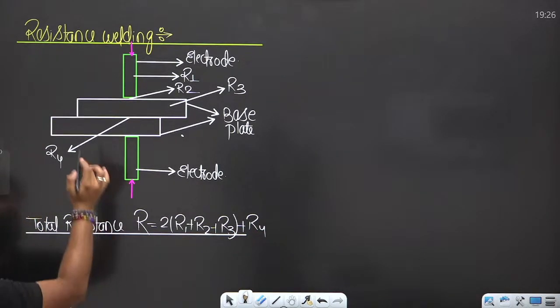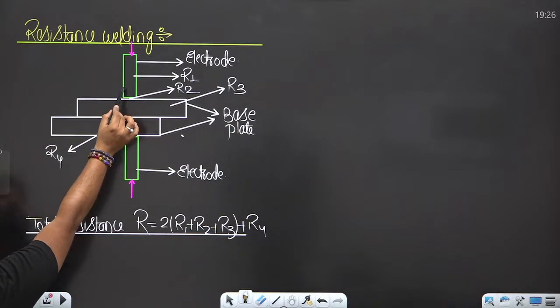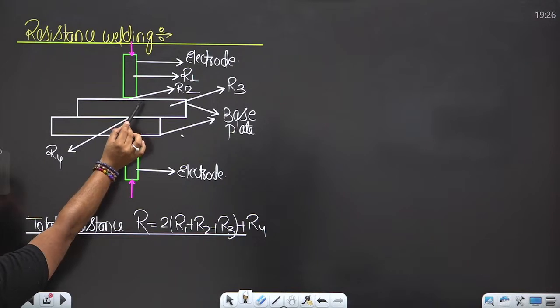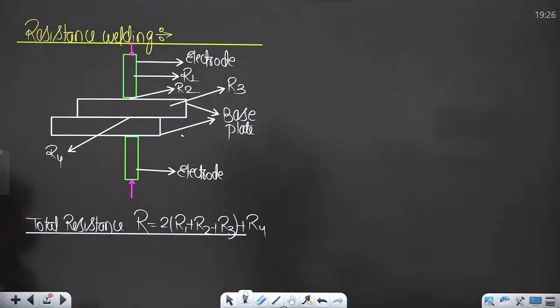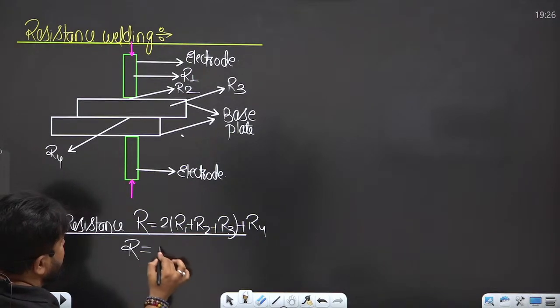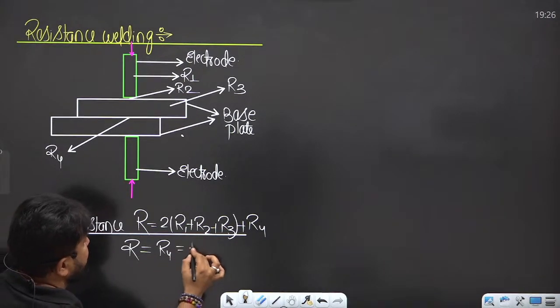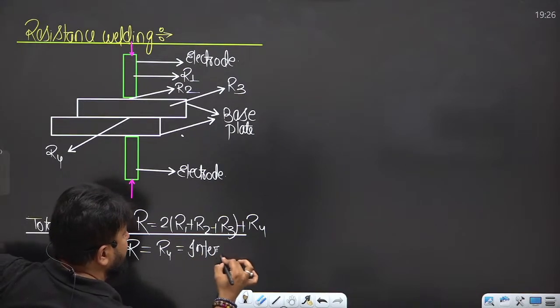The resistances of the electrode, the electrode-workpiece contact, and the workpiece are very small.